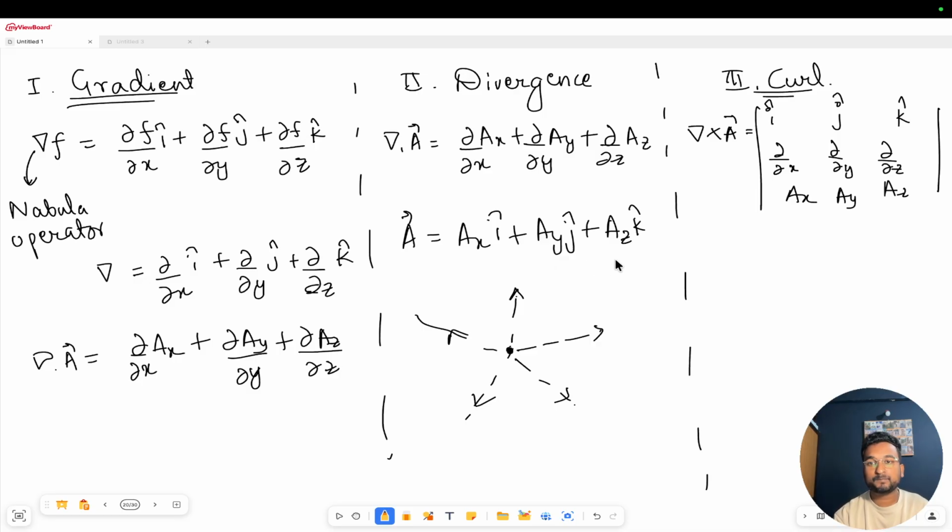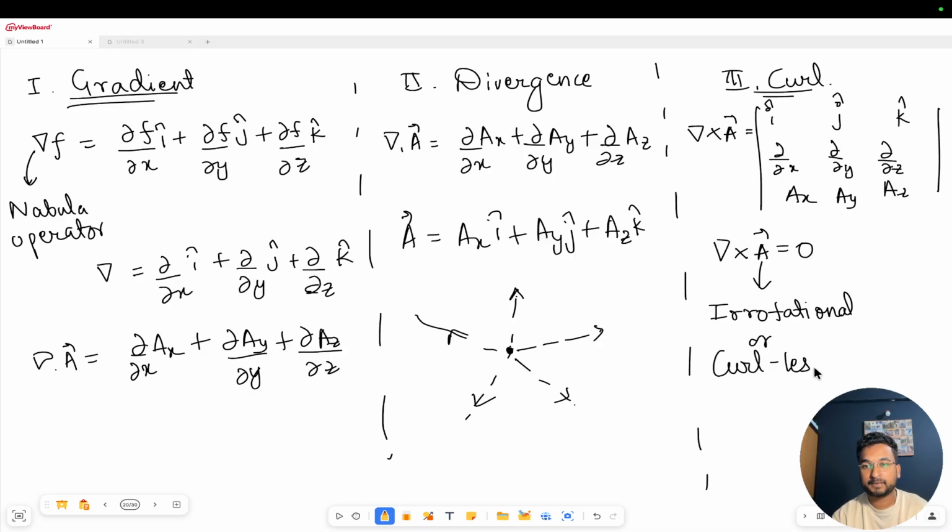If for any function curl comes out to be 0, then this vector field is known as irrotational or curlless field. So this is how you calculate gradient, divergence and curl.